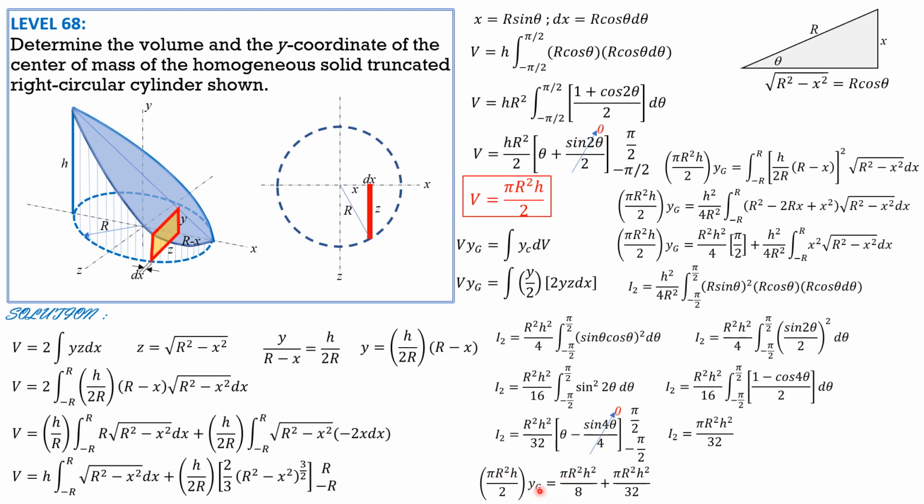So finally, yg can now be found: 1/8 of h plus 1 over 32 of h times 2, so it is 5 over 16 of h. So remember that for this truncated solid cylinder, the location of the centroid parallel to h from the base, circular base, is 5 over 16 h.